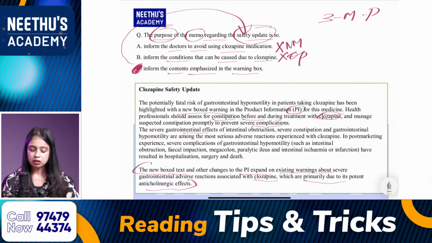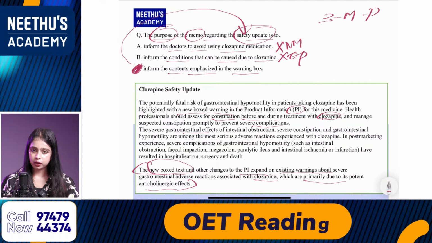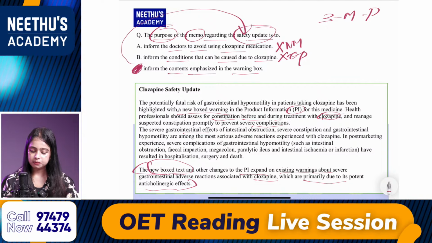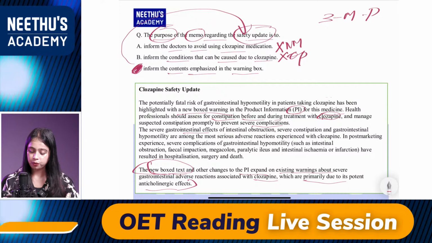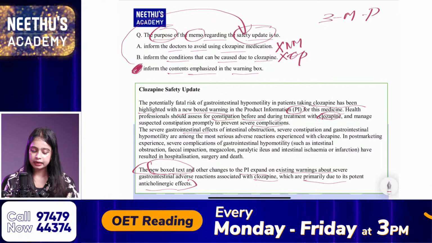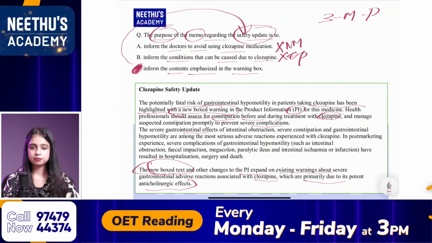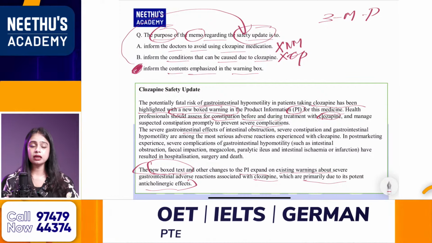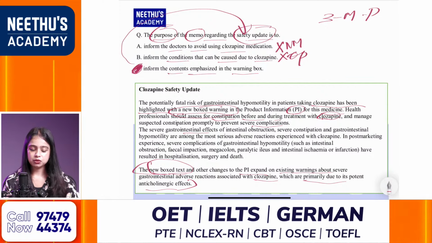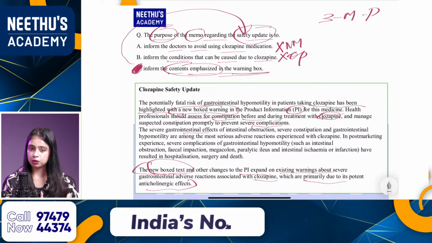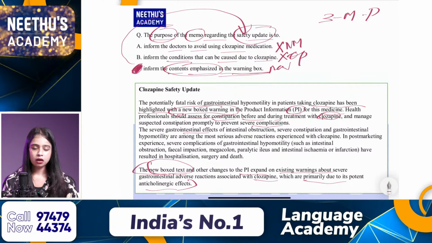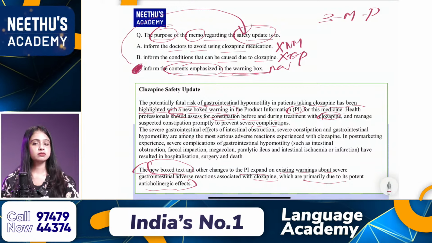See the last paragraph, the new boxed text or the new boxed warning, as well as in the first and second lines, where clozapine has been highlighted in the new boxed warning. That means the updates, right? So the answer is option C: inform the contents emphasized in the warning box. Warning box means a new one.